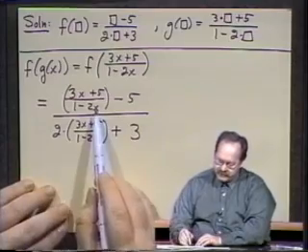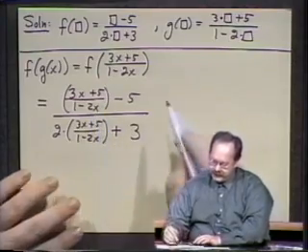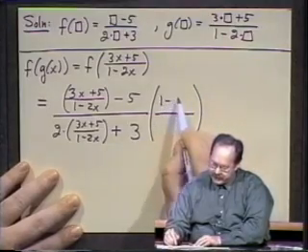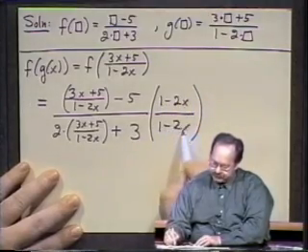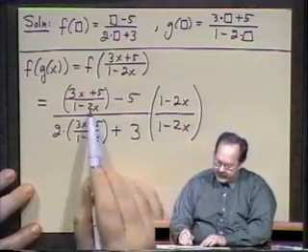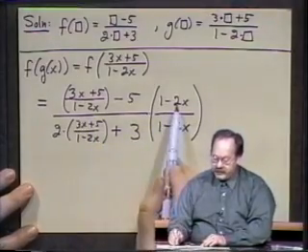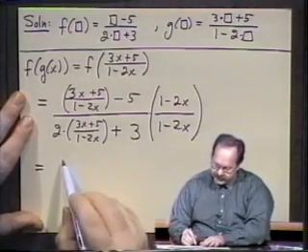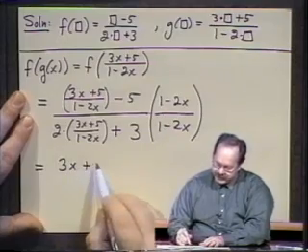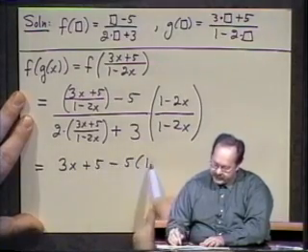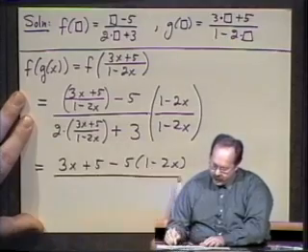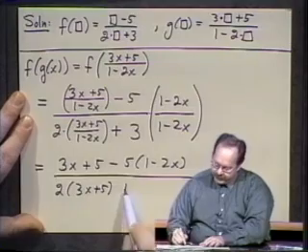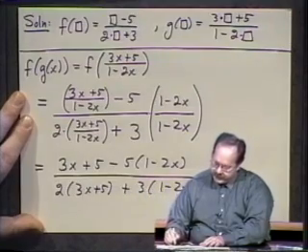Okay, this is a very large fraction. I have, as I see, fractions on the top and the bottom with the same denominator. One slick way to get that denominator out of there is to multiply top and bottom by 1 minus 2x. So that will knock out this denominator and this denominator. Of course, they will multiply by 5 and 3, but at least I won't have any more double fractions. So what do I get out of this? 3x plus 5 minus 5 times 1 minus 2x, all over 2 times 3x plus 5, plus 3 times 1 minus 2x.